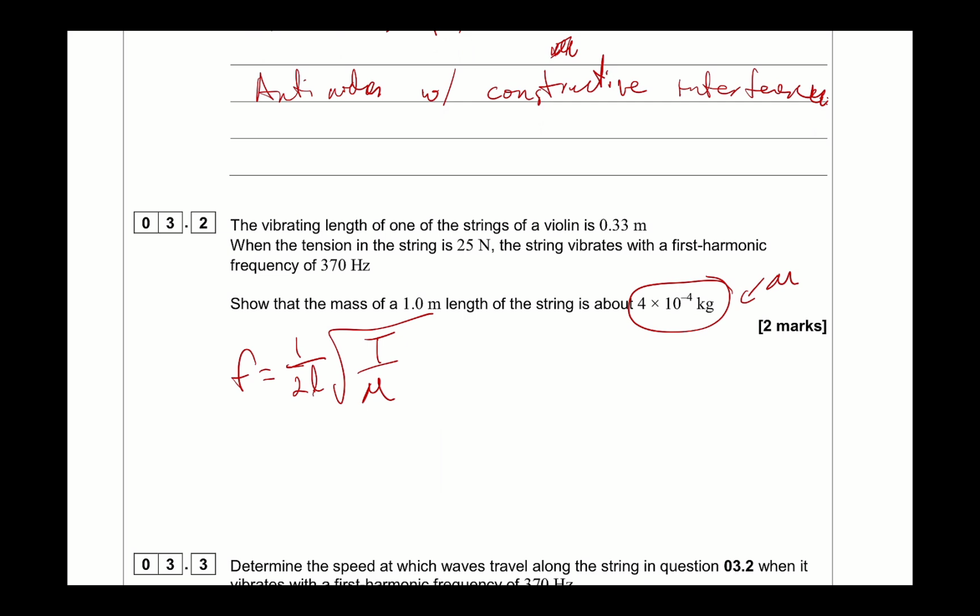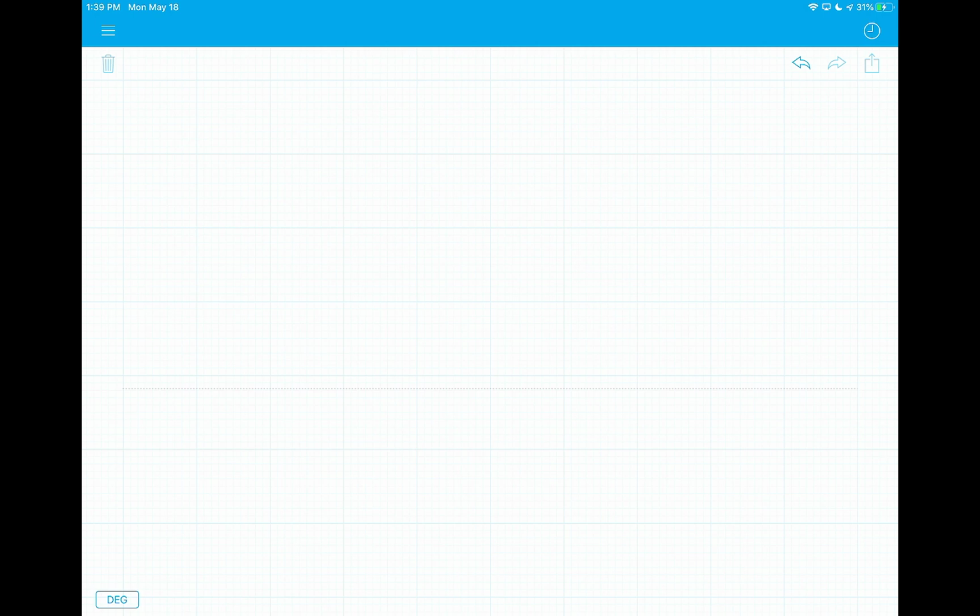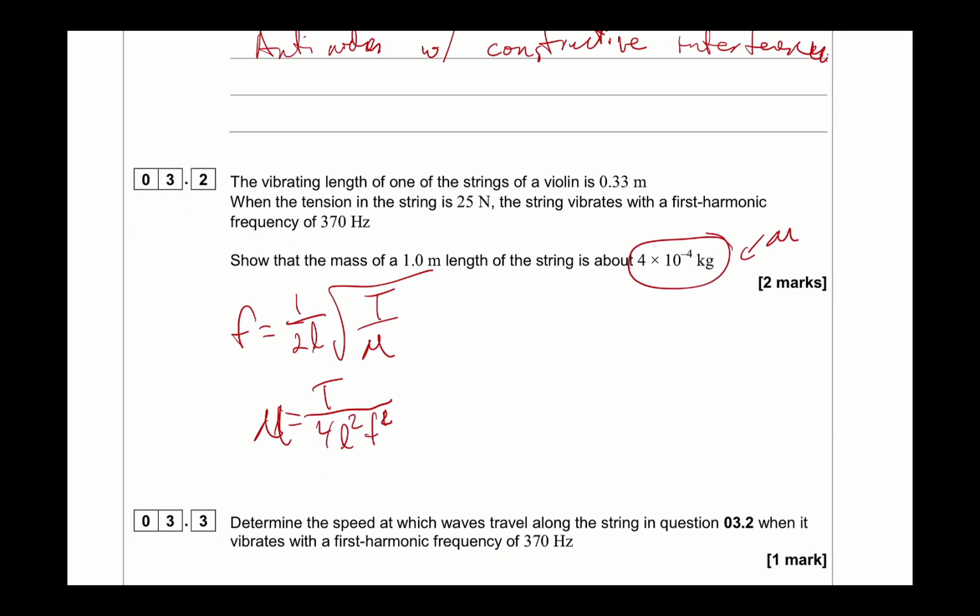So mu, rearranging this, is T over 4 L squared f squared. So tension was 25 newtons.